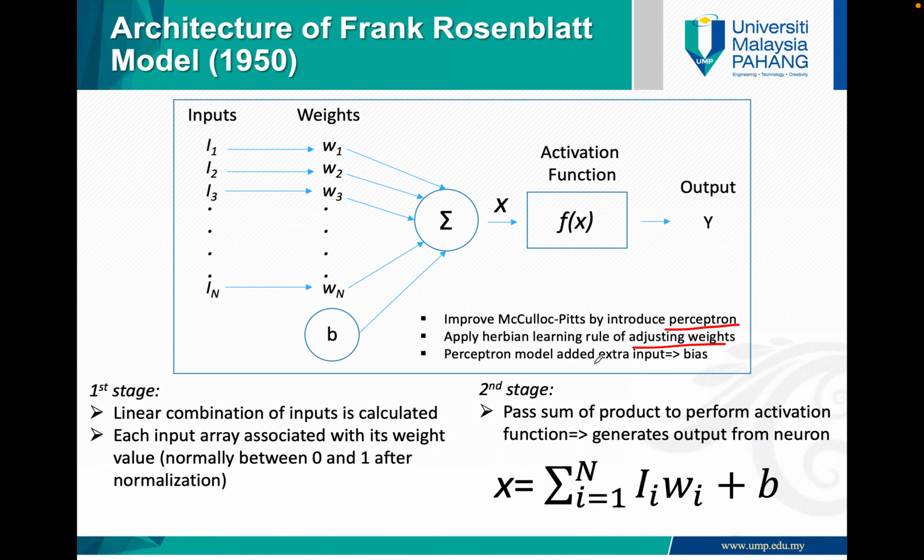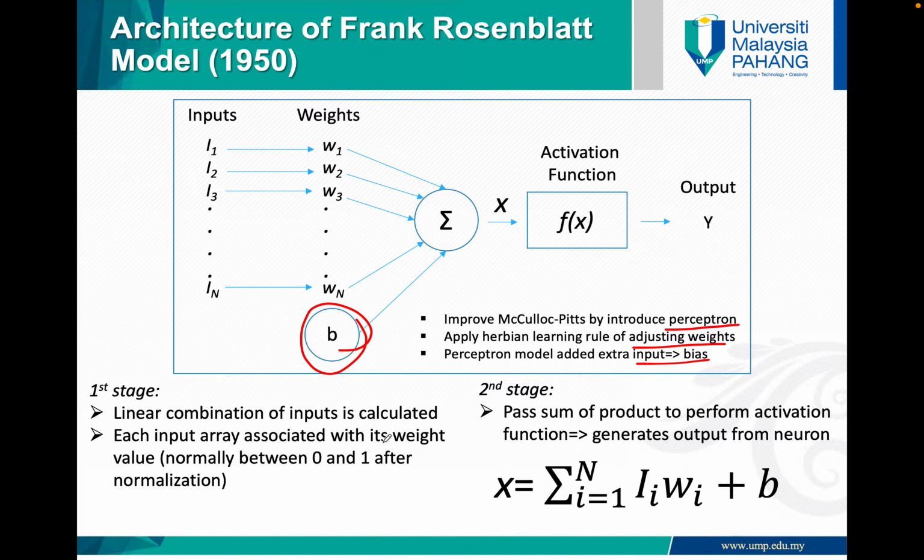So the perceptron model added an extra input, which is the bias. Bias is added to the total neuron calculation. So the first stage, the McCulloch and Pitts model only does the linear combination of inputs, right? They do the summation and just calculate the inputs and the weights together.